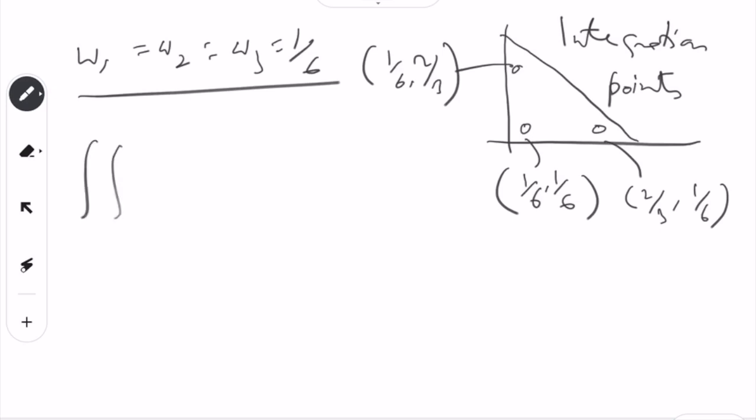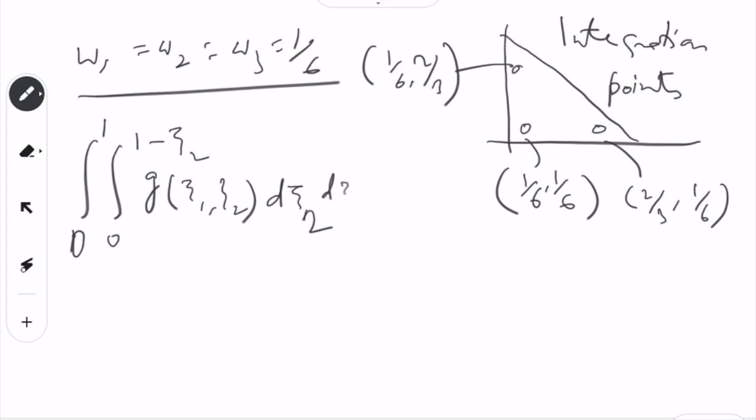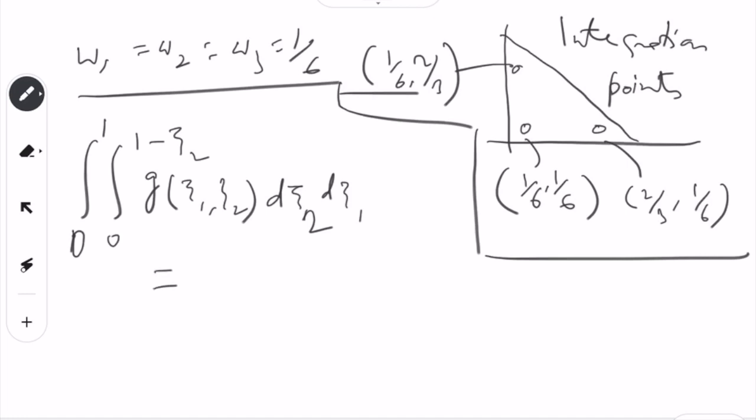So, if you have something like this, the integral from 0 to 1 minus xi 2, and 0 to 1, of g of xi 1 xi 2 d xi 1 d xi 2 can also be given in terms of, let's say, by expanding, this will be of this type, 1 minus, and then this is a polynomial.